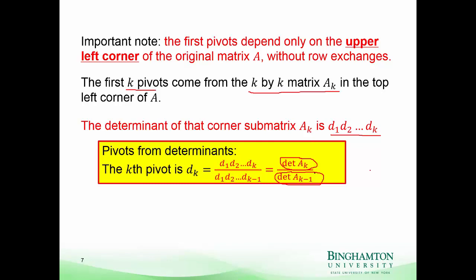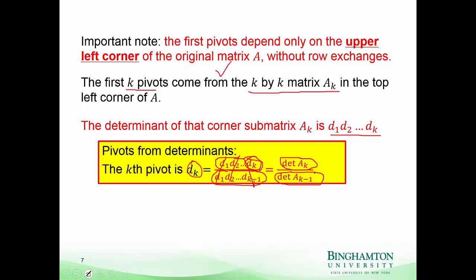And if the top is k by k, it will end up having a product of the pivots, and the bottom will have a product of its pivots. But as we said up here, those pivots will be the same. So these actually cancel. The D1 cancels, the D2 cancels, and the D_{k-1} cancels. And what are we left with? D_k.